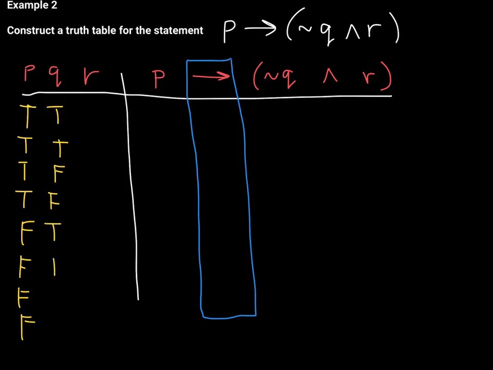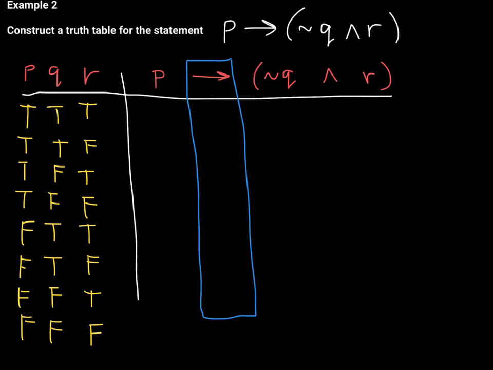True, true, false, false. And then we're going to have R alternate. So true, false, true, false, true, false, true, false. Okay, so that's the pattern. And this covers all 8 cases.